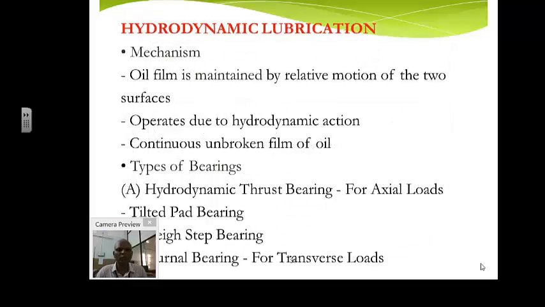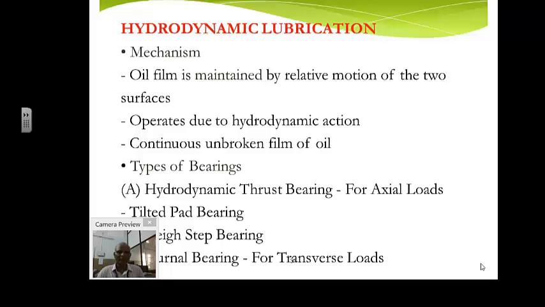In hydrodynamic lubrication, the mechanism is mainly by the relative motion of the two surfaces, so it operates due to the hydrodynamic action. So there are two effects, the pressure induced flow as well as the velocity induced flow. There is an unbroken film of oil.